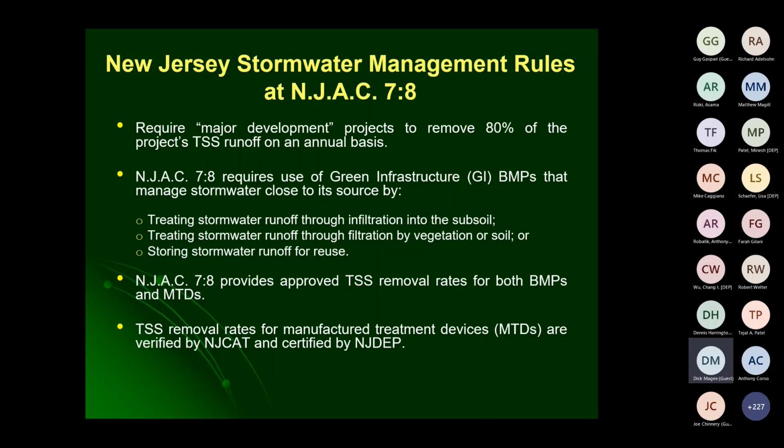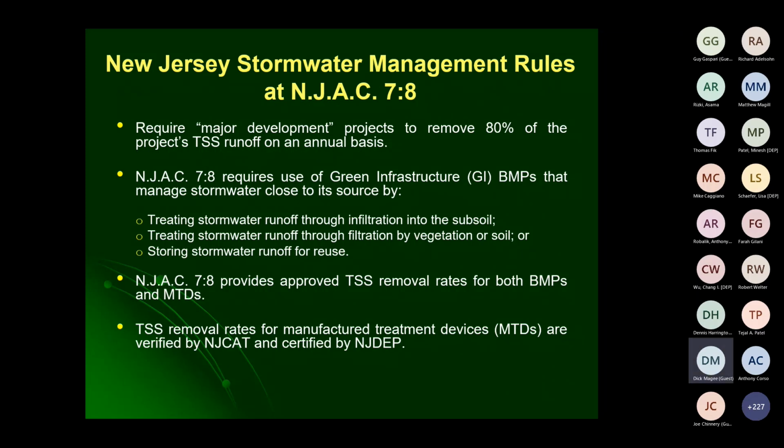You know your stormwater management rules better than I do, but they require major development projects to remove 80% of the project's TSS runoff on an annual basis. As you know, in the last few years, this rule has now required the use of green infrastructure, or GI BMPs, that manage stormwater close to its source.